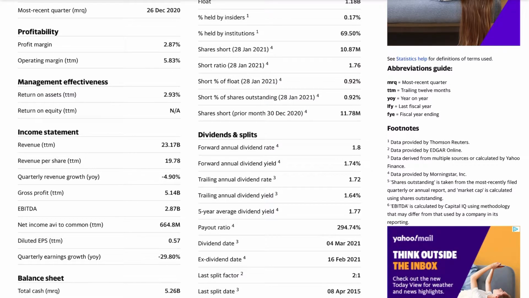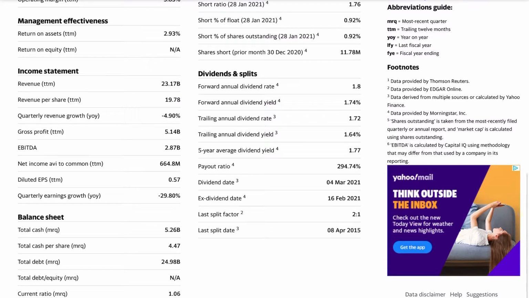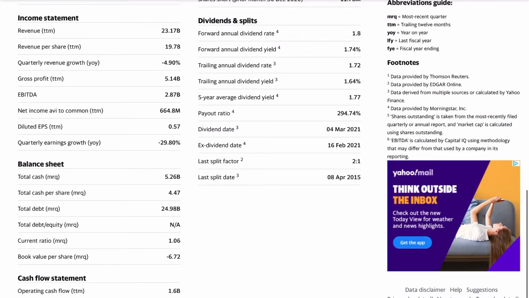Their revenue is 23 billion, so so far they've brought in 23.17 billion. You can see their revenue per share. You can see they have gross profit, and they do, which is 5.14 billion. And the total amount of cash they have on their balance sheet is 5.26 billion.